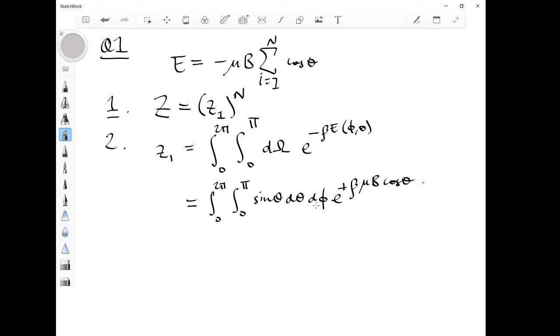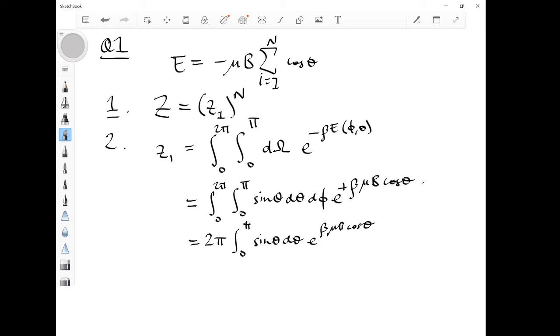There are no other terms with phi in them, so we can just bring 2 pi out the front, and we have the integral from 0 to pi of sine theta d theta e to the beta mu b cos theta.